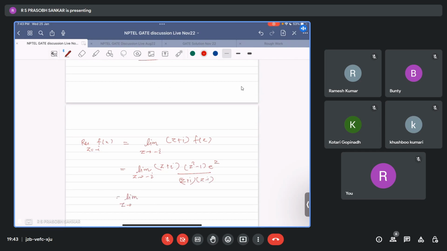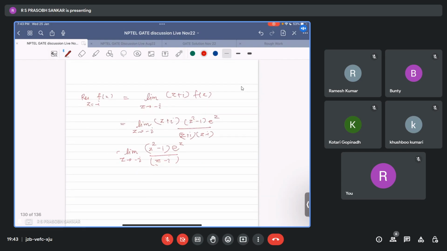This is the same as the limit of z going to minus i, z square minus 1 e raised to z by z minus i. Now I can substitute here. It's again minus 2 e raised to minus i by minus 2i. This is like minus i e raised to minus i. Is that okay?